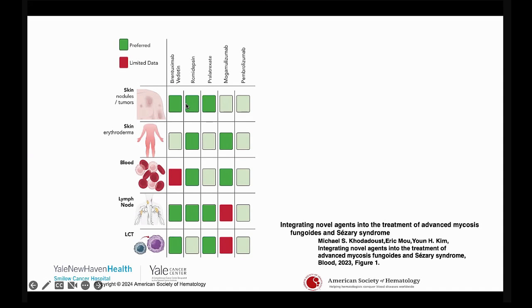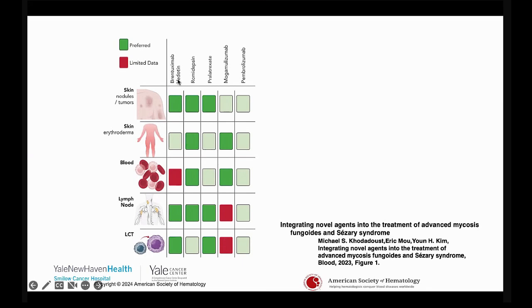The dark green means that there is more activity, and lesser if it's light green. And red means that there is limited data for, or limited activity in, that compartment. Just as an example, we know that mogamulizumab works better for patients who have skin involvement with erythroderma or blood involvement, but it doesn't work very well in patients who have lymph node involvement or what we call large cell transformation.